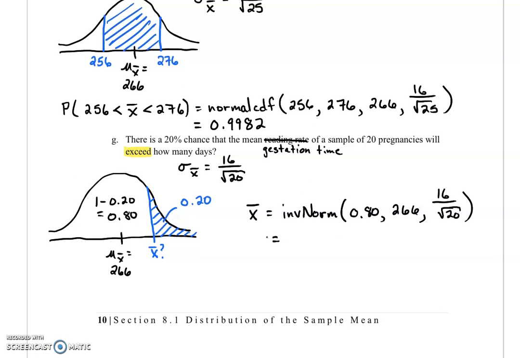And when we put that in, we get 268.69 days. So if we want to round, 269 days is the cutoff between the shortest 80% of pregnancies and the longest 20%.